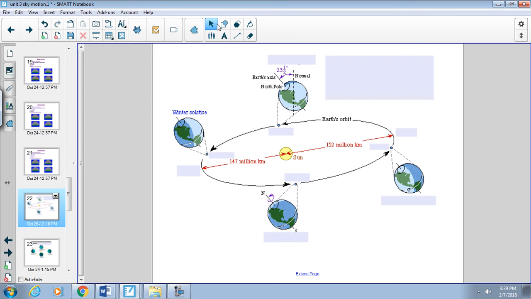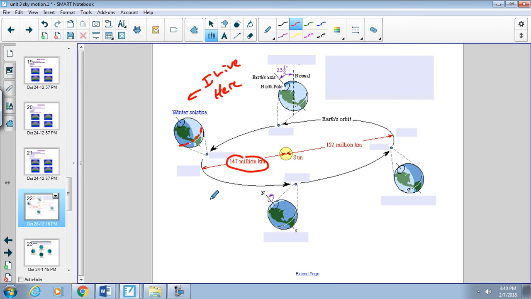Notice here in the northern hemisphere, where we live, we're getting indirect sunlight. We're tilted away from the sun. So even though technically we're closer in our travels, we are experiencing winter, which is around December 21st, December 22nd.